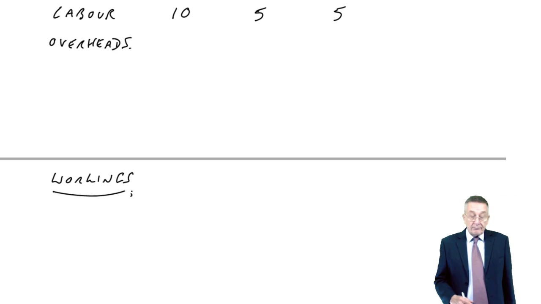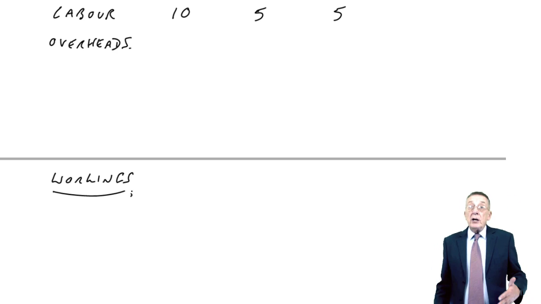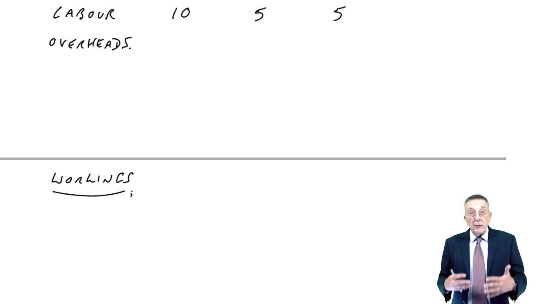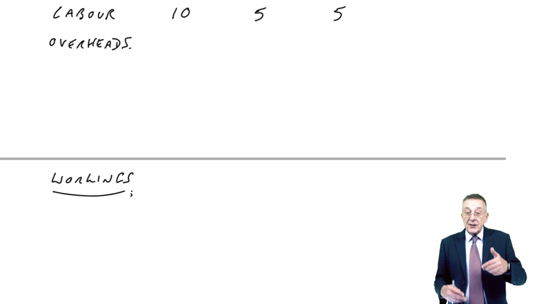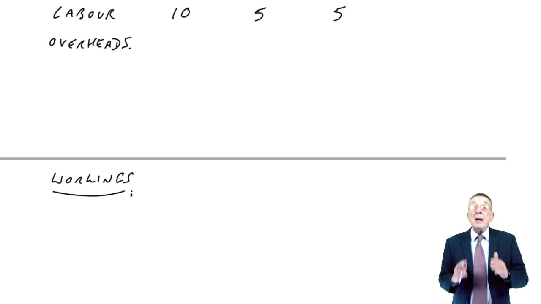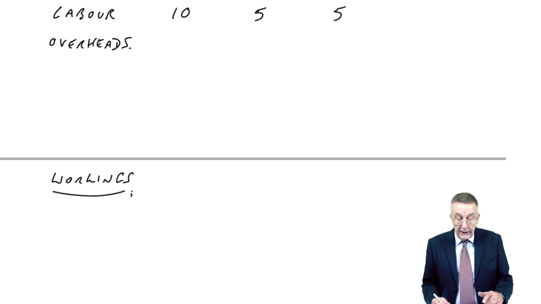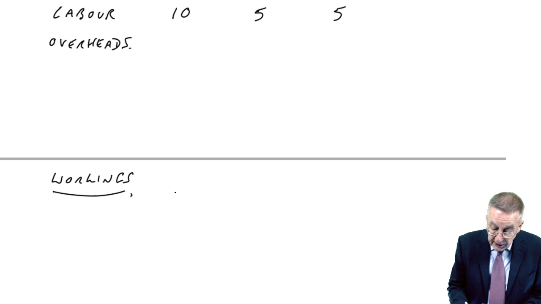What we're going to do is follow the instructions. We're going to work out what the overheads are effectively costing us per hour. And if we know the overhead cost per hour, then we can get a cost per unit. So, what do we know? We know what the total overheads are, obviously, 190,000.